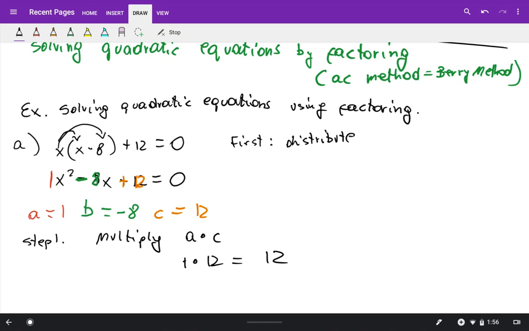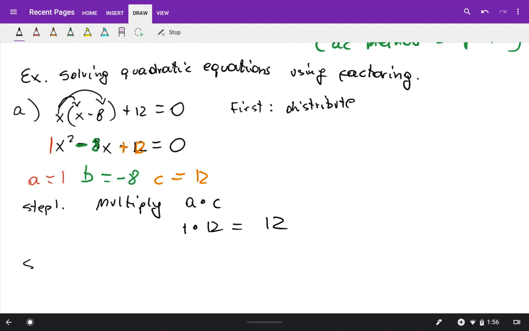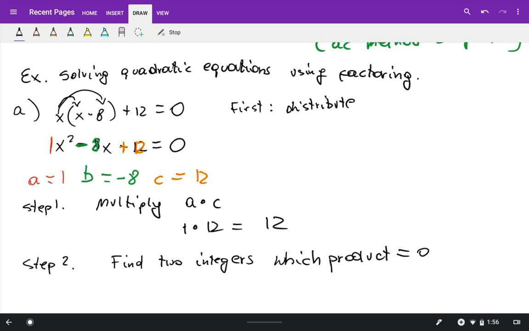Okay, so this is A times C. Step 2, find two integers which have product equal to AC and sum equal to B, the coefficient B.